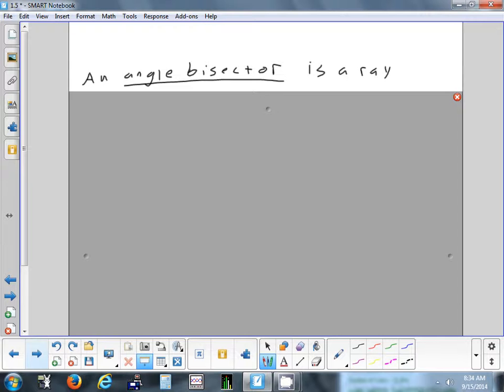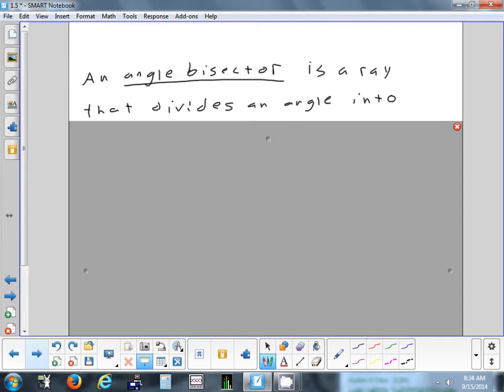All right, so let's talk about angles. Okay, so an angle bisector. Pretty much the same thing as a segment bisector, except now instead of cutting a segment in half, it's going to cut an angle in half.